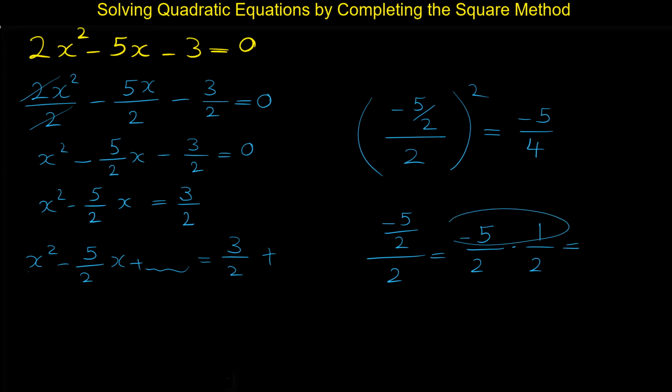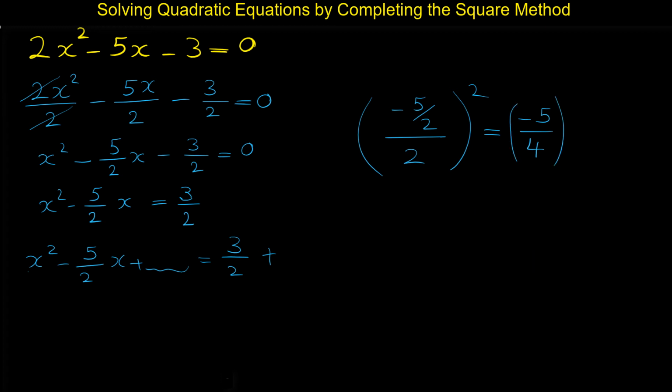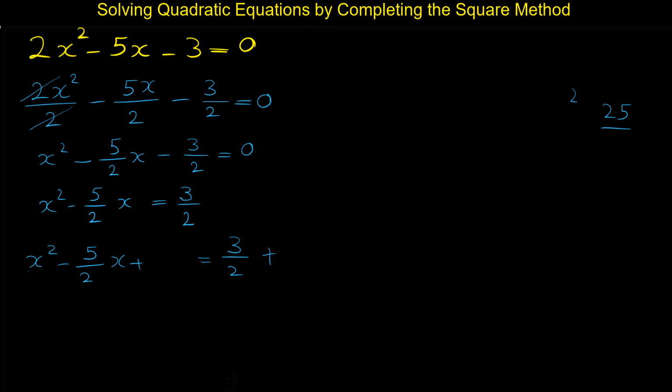If we multiply numerators, we get negative 5, and if we multiply denominators, we have 4. So negative 5 over 2 divided by 2 is negative 5 over 4. Don't forget, you have to square it. Negative 5 squared is 25 and 4 squared is 16. So the number that we have to add to the left side and the right side of this equation is 25 over 16.